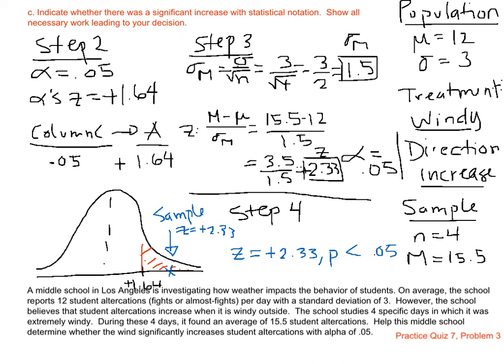And the reason I know that is if I go down here to my sample z-score and I start shading, my blue shaded area is less than my red shaded area. And so we can assume now that yes, the wind does affect student altercations, and that it will increase the average amount of student altercations.